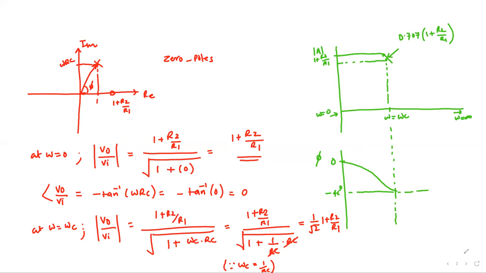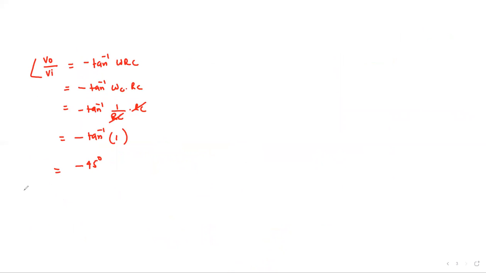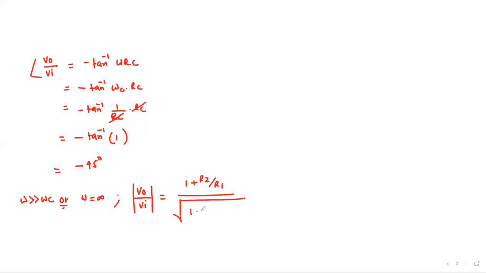All right, final case, when omega is very, very large. Let's say omega is very, very large compared to omega c, or we just say that omega is equal to infinity. In that case, the magnitude will take the value 1 plus R2 over R1 divided by square root of 1 plus infinity. That comes out to be 0, obviously.